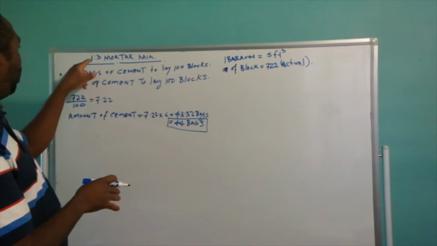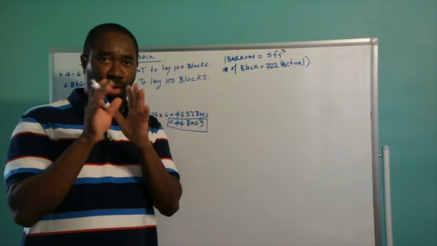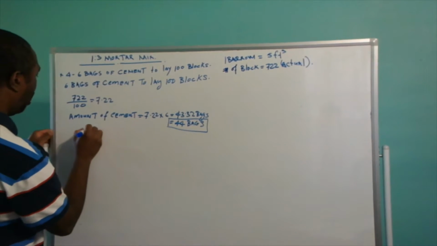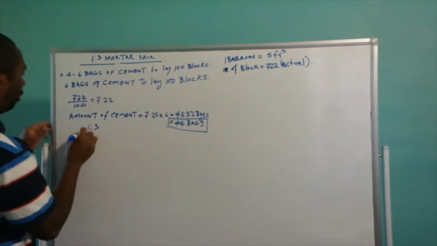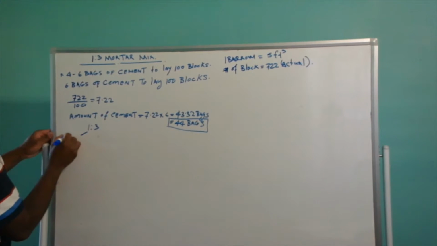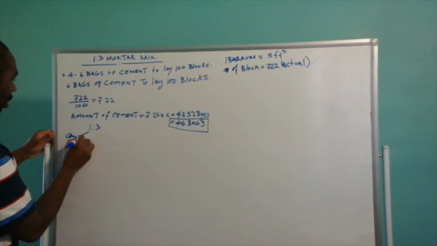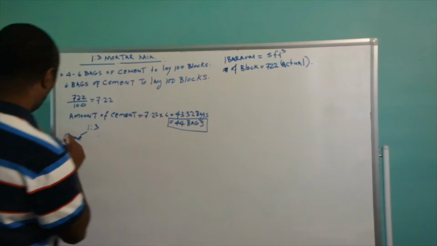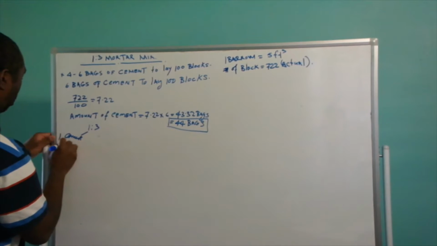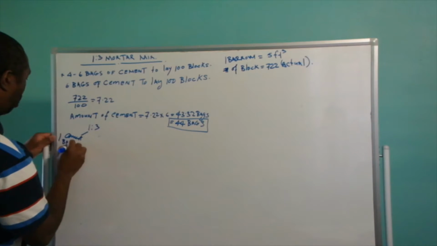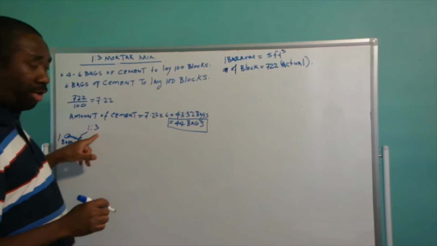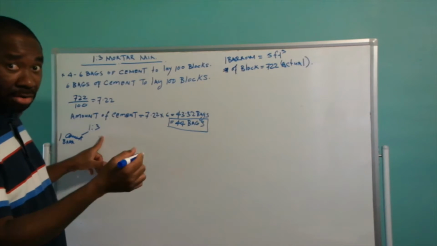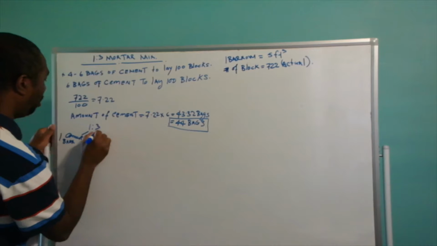We are using a mix proportion of 1-3, and remember I said previously that for 1-3, the 1 is for the cement, which is going to be 1 barrel of cement, and this is going to be 3 barrels of fine aggregates, or 3 barrels of sand.